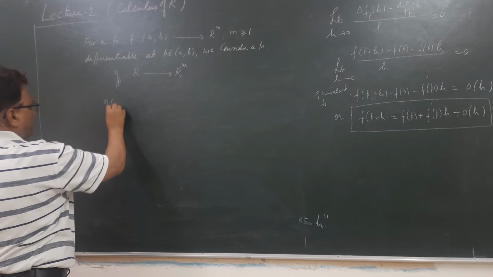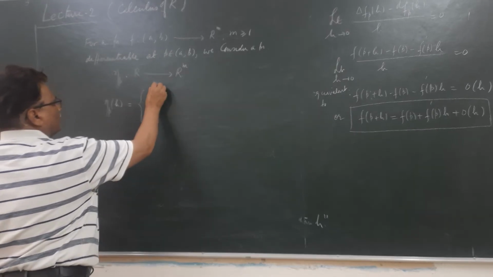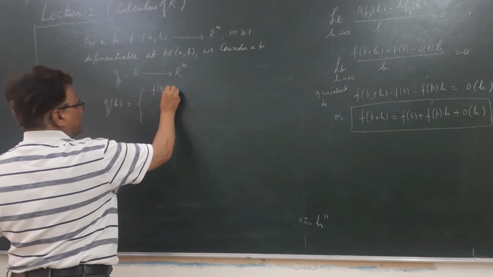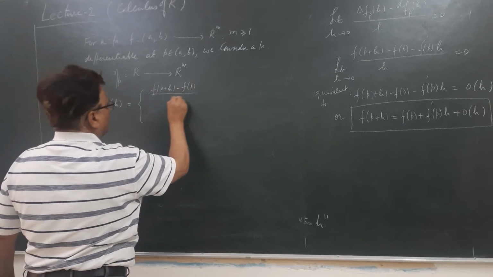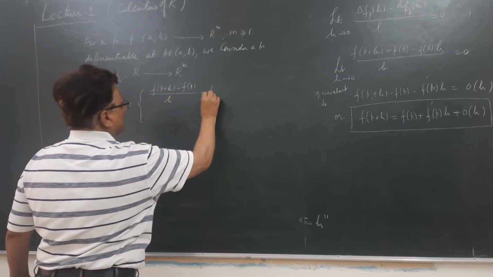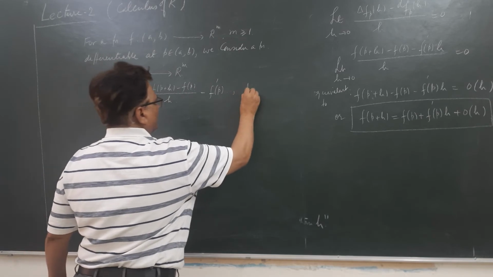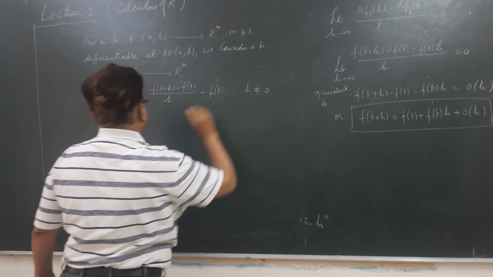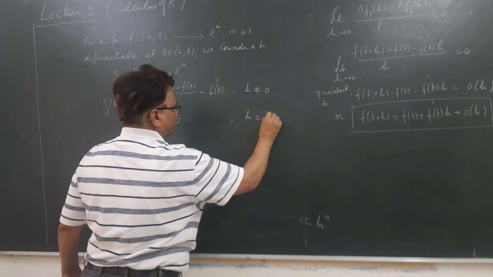Eta p of h is equal to f(p+h) minus f(p) upon h, minus f'(p), whenever h is non-zero, and its value is 0 when h is 0.